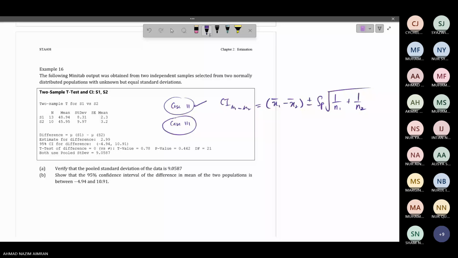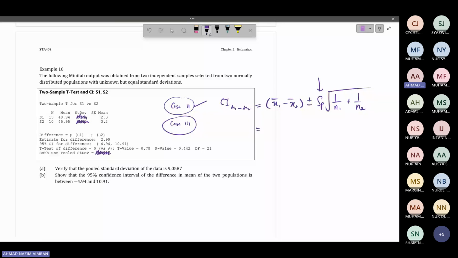And katalah soalan tu dia tak bagi standard deviation, yang mana you kena cari standard deviation, but at the same time soalan tak bagi standard deviation. So what you need to do to find the SP, because without this you cannot find the confidence interval. Standard deviation is not given.